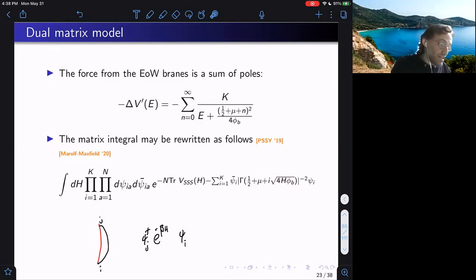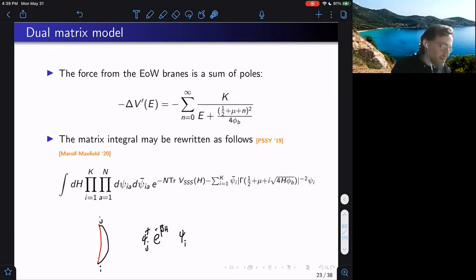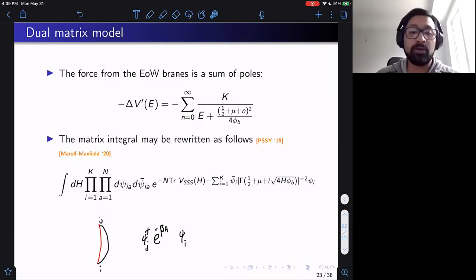And then the Wick contractions of the complex bosons give you the factors here that would basically correspond to defining the Hartle-Hawking state. Okay, I see. So the integration of the psi variables actually gives you both effects. Yeah, you get both effects. Okay, got it. Thanks.